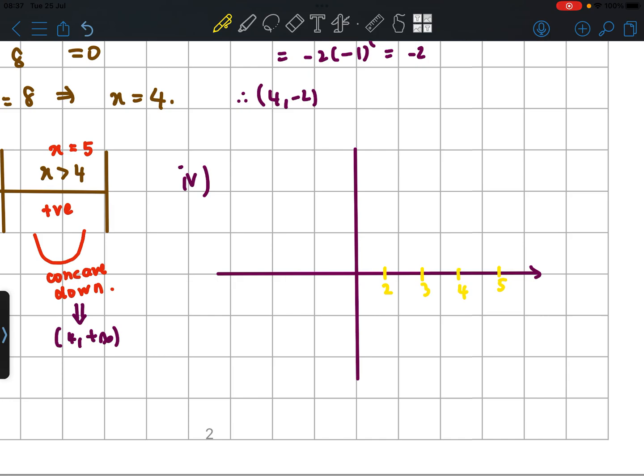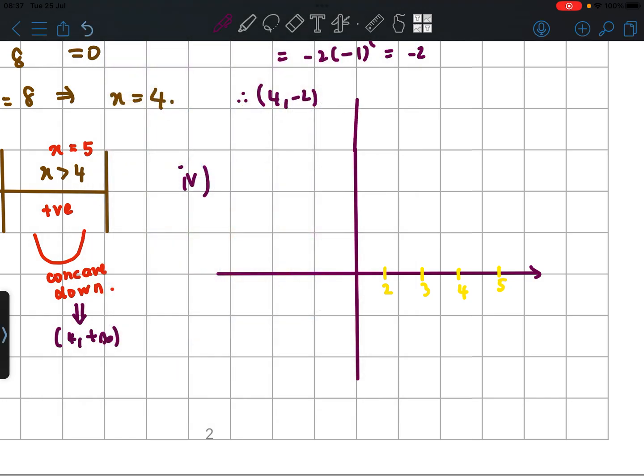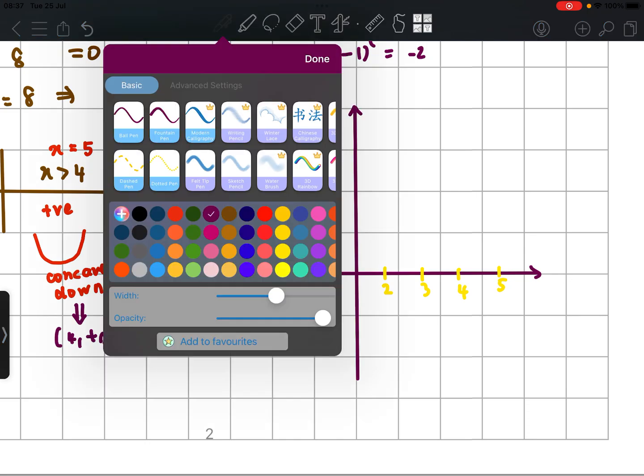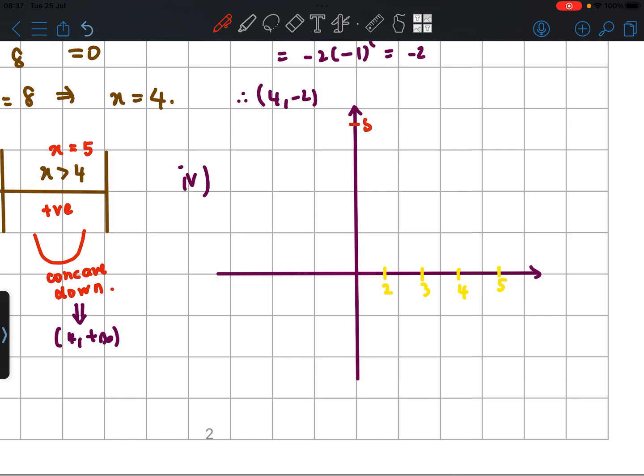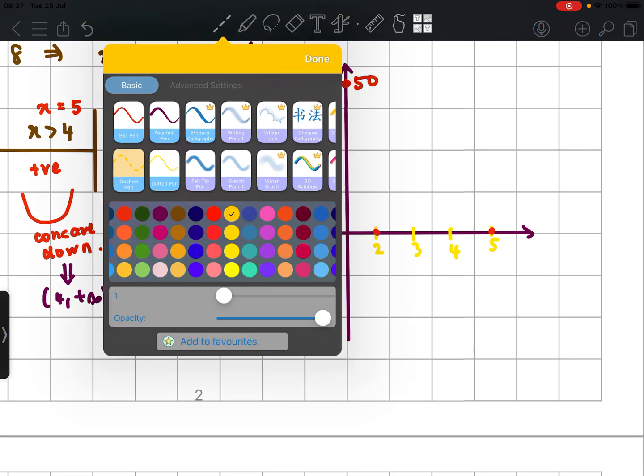So the x-intercepts occur there, at 2 and 5, and over here is our y-intercept, and the extreme point is at 3, minus 4.